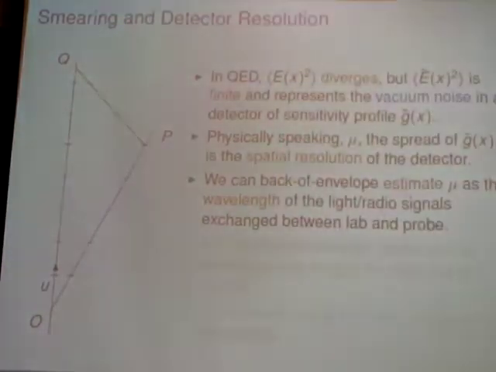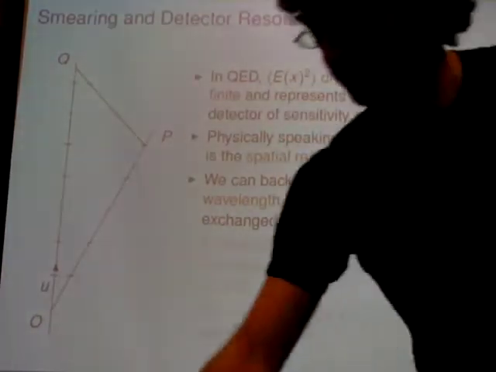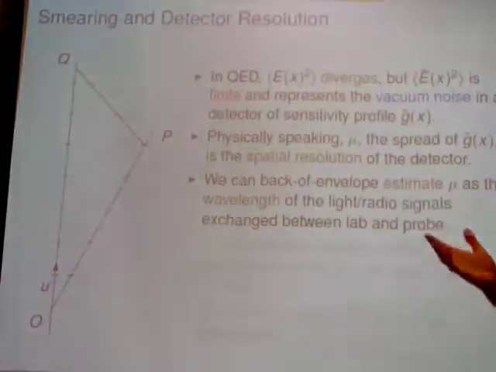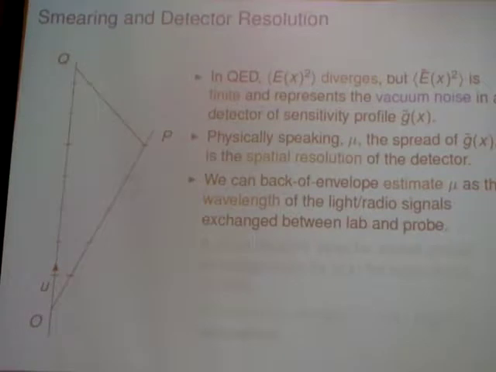And this is actually a physical effect. People who design photodiodes that measure photons are acutely aware of this. There are always sources of noise. And if you bring your system to sufficiently low temperature, you don't only have to worry about thermal noise, you also have to worry about vacuum noise.